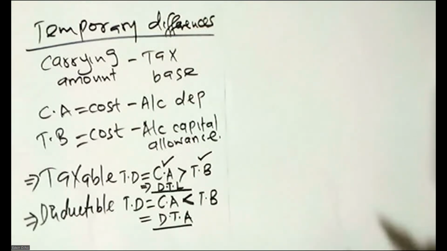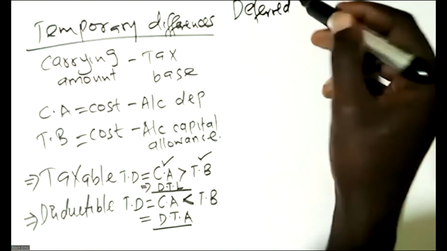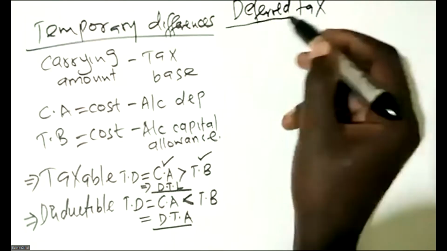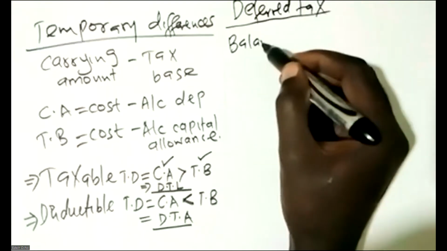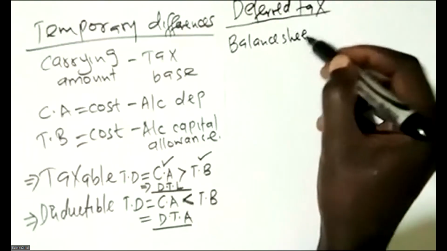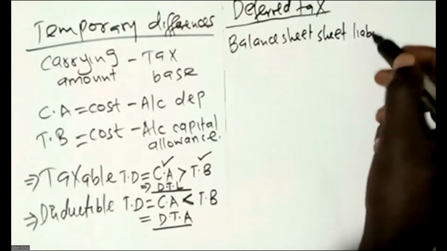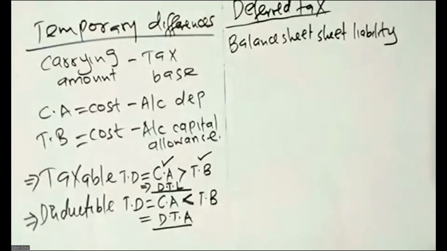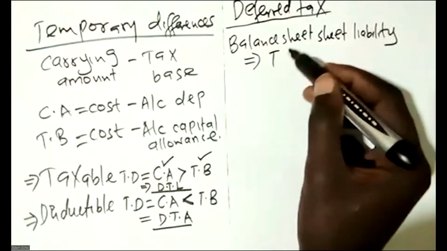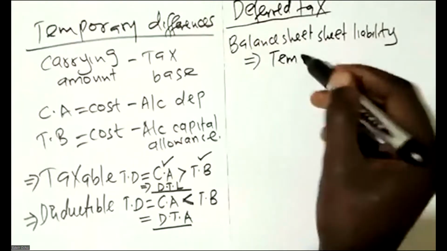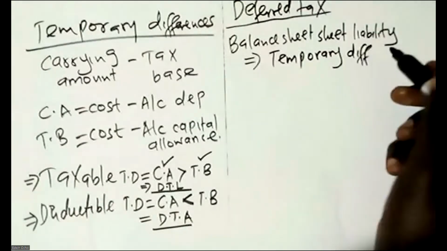And always when I am talking about deferred tax, we consider the balance sheet liability method, which causes deferred tax to arise from temporary differences.